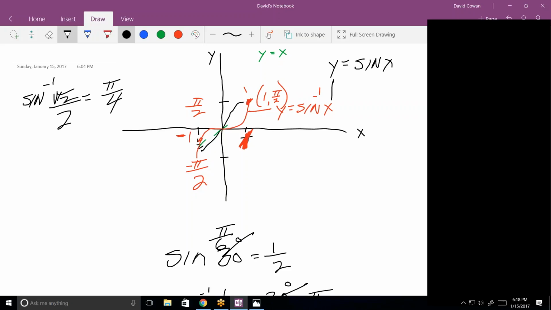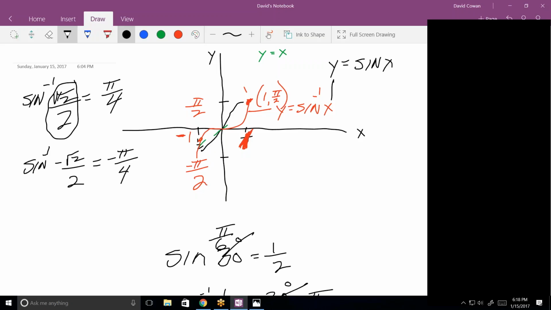In other words, we're taking the inverse sine of a number, a ratio, to get pi over 4. And if we take the inverse sine of a negative number, our answer in our calculator is always going to be a negative angle.